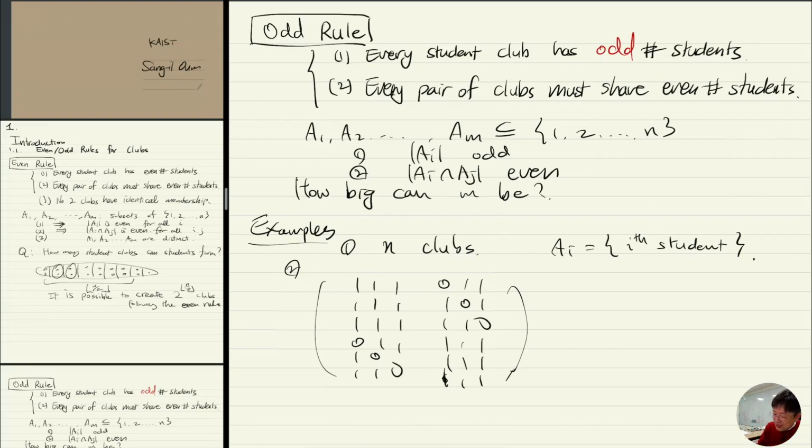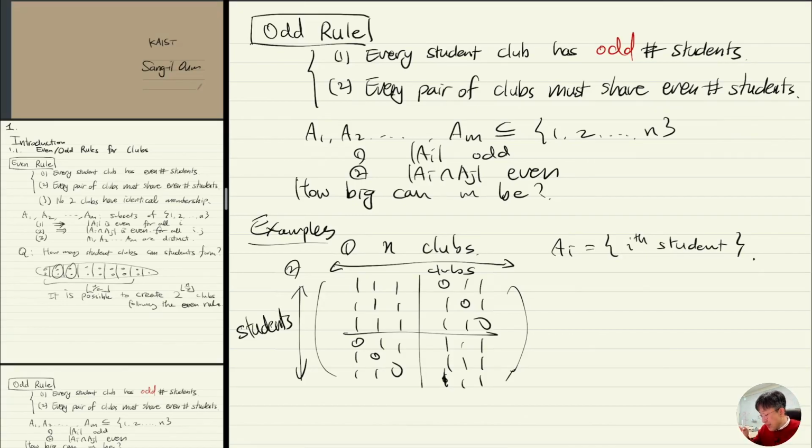What's this formulation? These rows correspond to students and columns correspond to the clubs. If an entry is 1, that means the student belongs to the club. If the entry is 0, then the student doesn't belong to the club. Now, if you look at each column, you have exactly an odd number of ones.